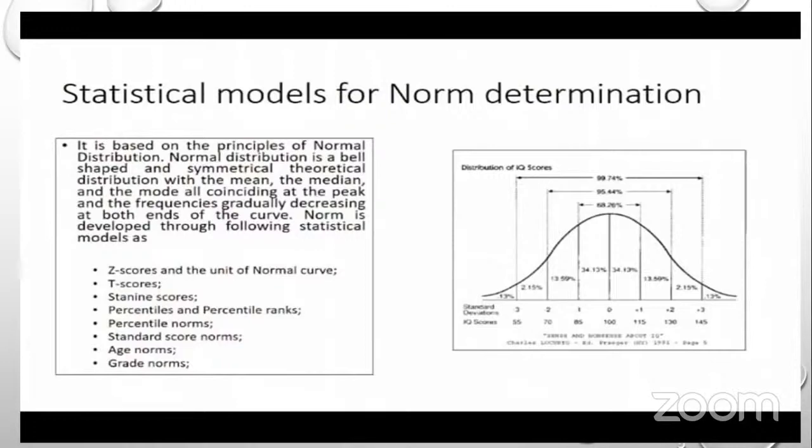Then we will see percentiles and percentile ranks in the next class, because we have these in our syllabus: to calculate Z-score, to calculate T-score, then percentiles and percentile ranks. We have to calculate these. But today we will be dealing with Z and T, because if we find the Z-score, we can find the T-score.